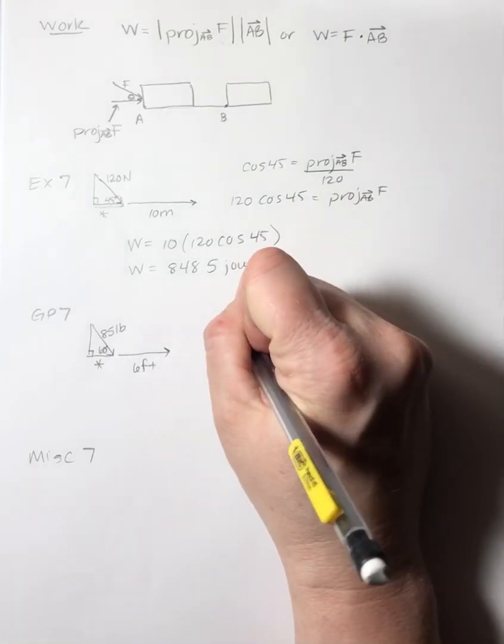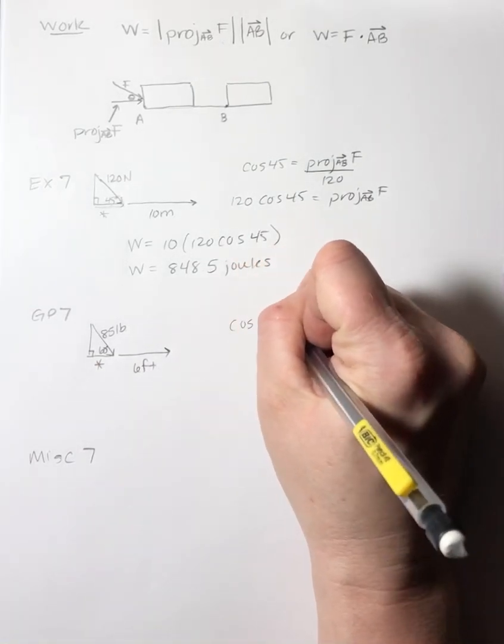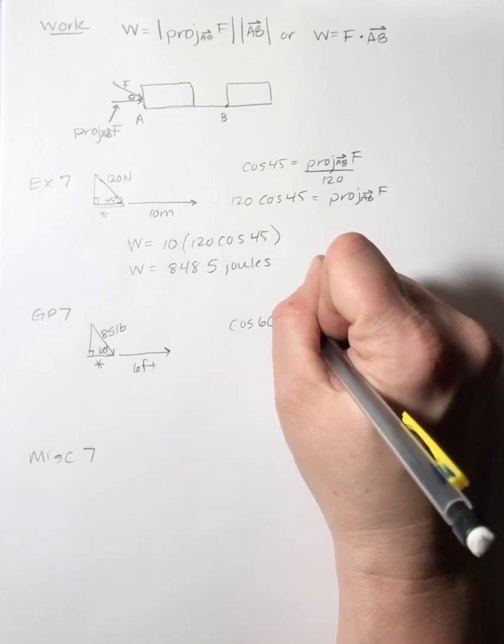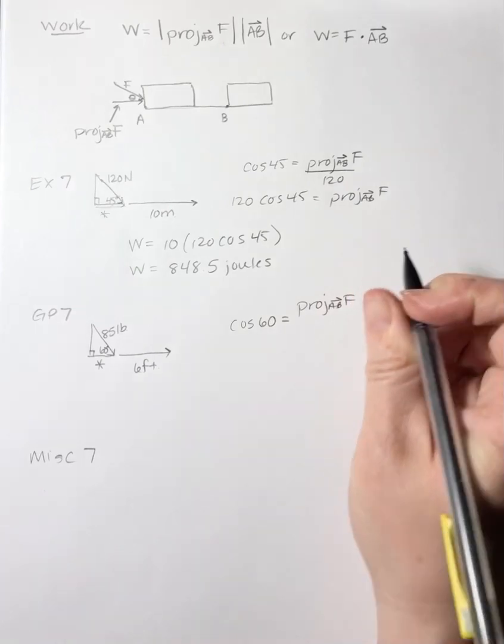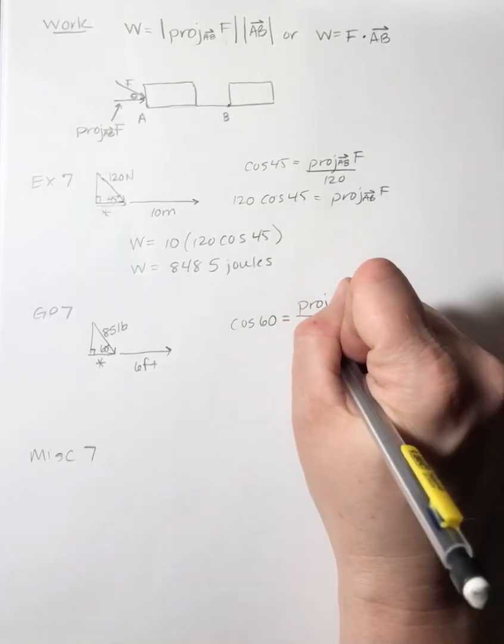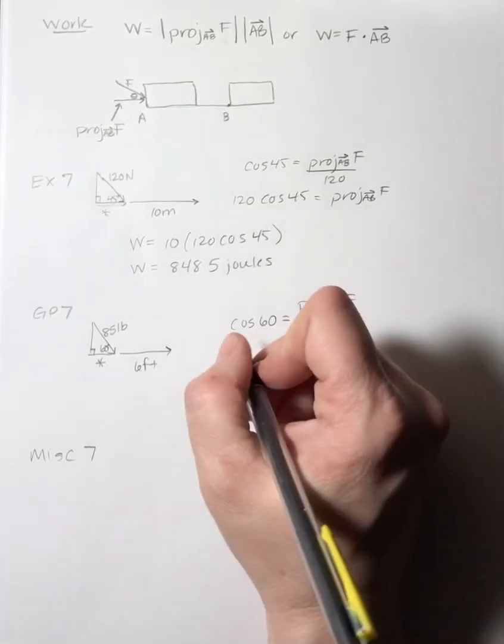So I can write it out. Cosine of 60 is going to equal the projection of F on AB over 85, multiply by 85.